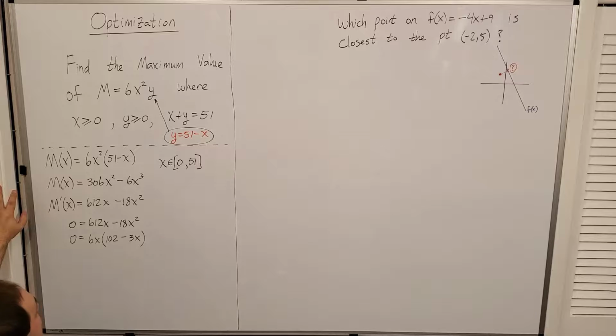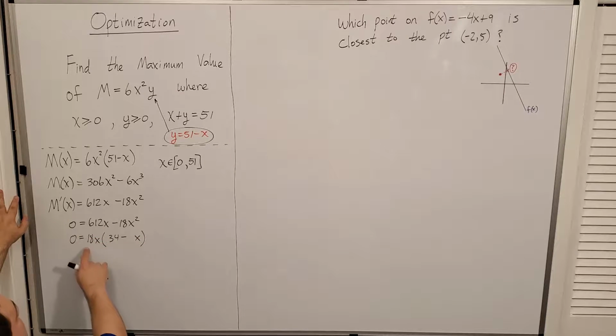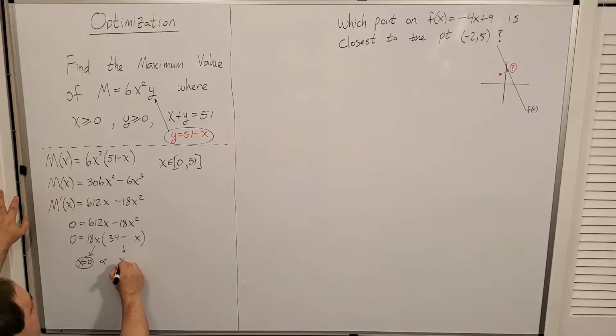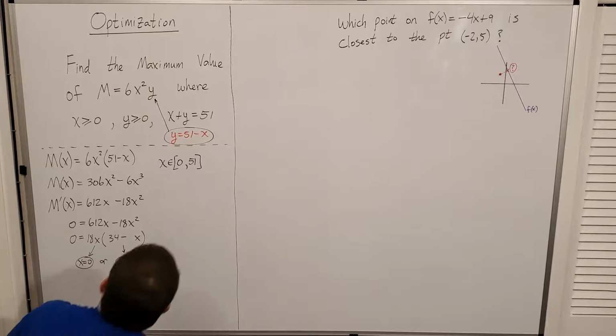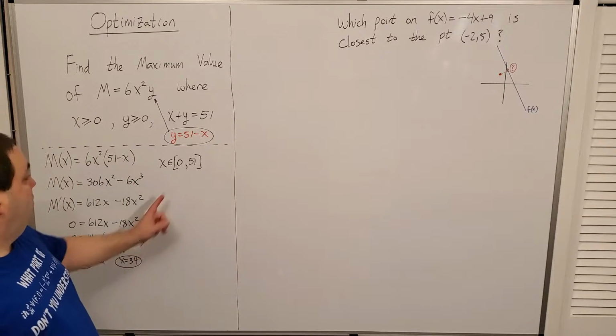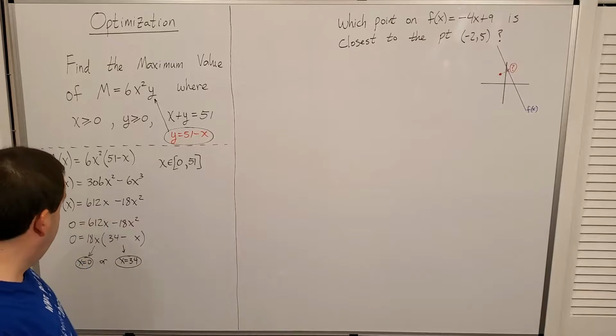I actually could have pulled more, because 3 comes out of 102, 34 times. So I actually could have pulled an entire 18 here. So what this is telling me is that either x is 0 or x is 34, right? Well, we've already established that 0 was probably going to be a minimum.